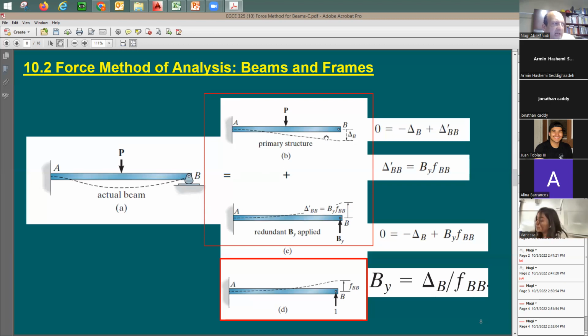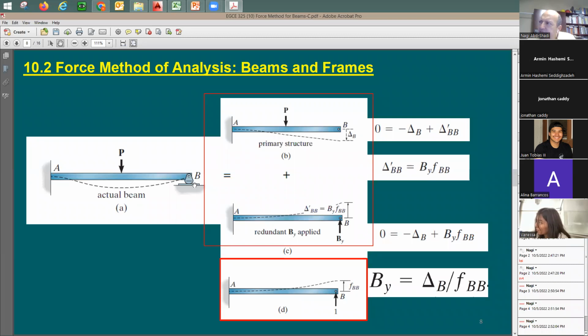When I took the support out, this beam would start to go down. And the only thing that is going to bring point B back from the bottom all the way up is this force, this reaction. So when I add this calculated deflection to this calculated deflection, both of them are going to give me 0 displacement, because this point in reality doesn't go up or down.